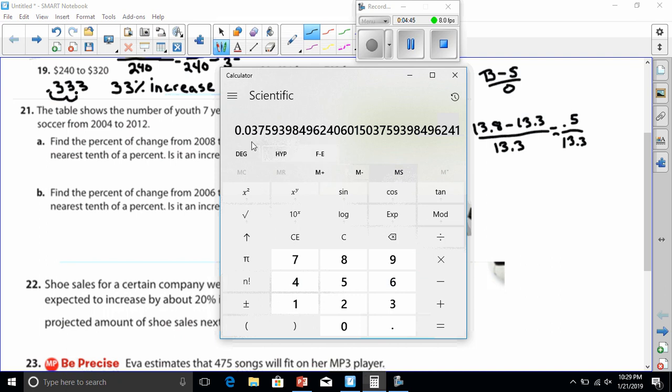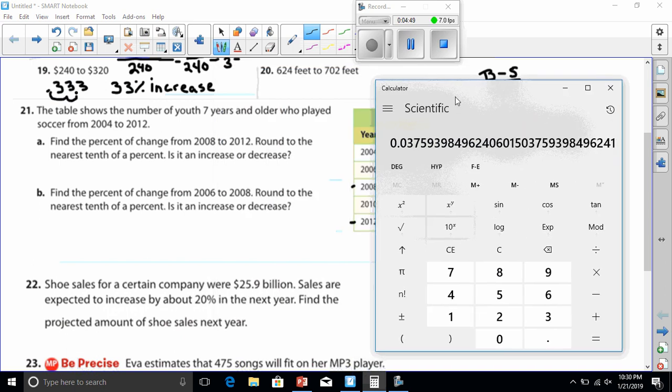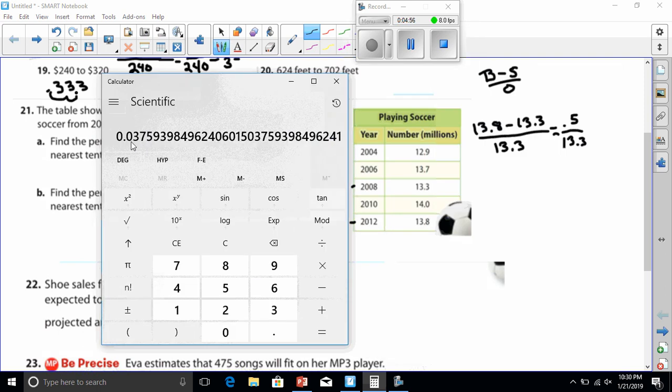0.037. Remember, we have to move our decimal over twice. Let's look at what the question asks us for. It says round to the nearest tenth of a percent. So that means after I move my decimal over twice, my decimal is going to be between the 3 and the 7. And the next number after 7 is 5, so 5 and up, round up. So this is going to be an 8.